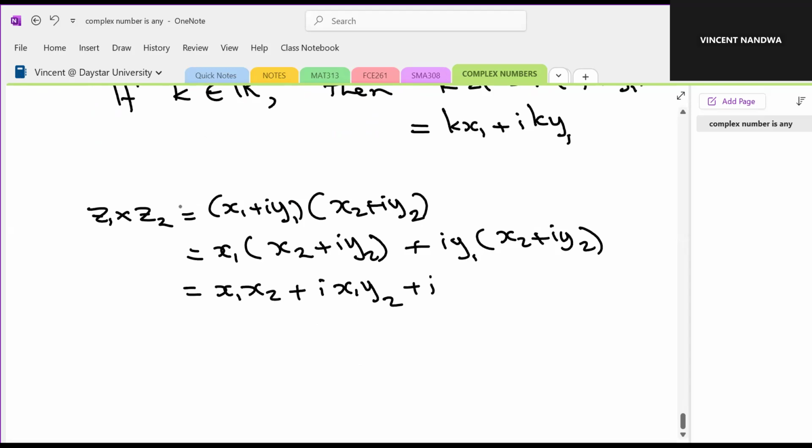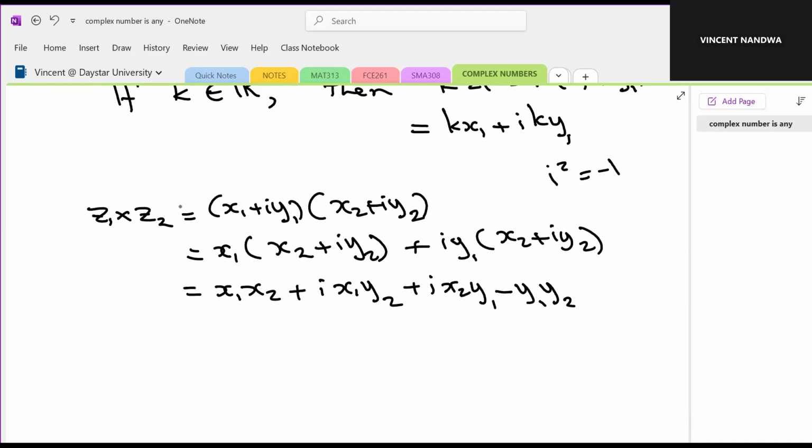Now, iY1 times iY2, remember that i times i is i squared, and i squared is -1. So this will give me minus Y1 times Y2, because iY1 times iY2 is the same as i squared Y1Y2, then the value of i squared is -1.